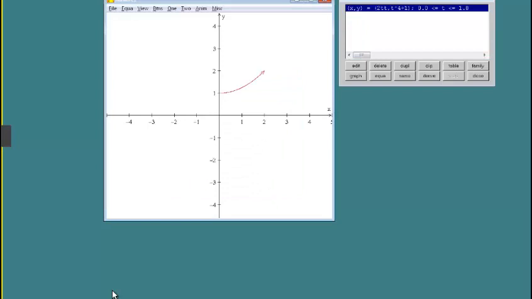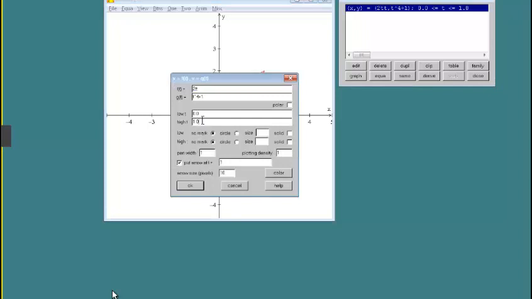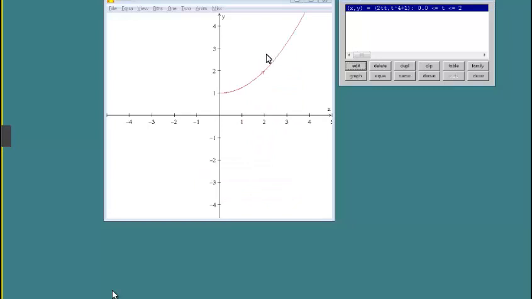Obviously this is t equals 1, and this was t equals 0, so it's going in this direction. If I increase t to something a little higher, to 2, and say OK, you can see it gets longer. So increasing the parameter t makes the curve longer.